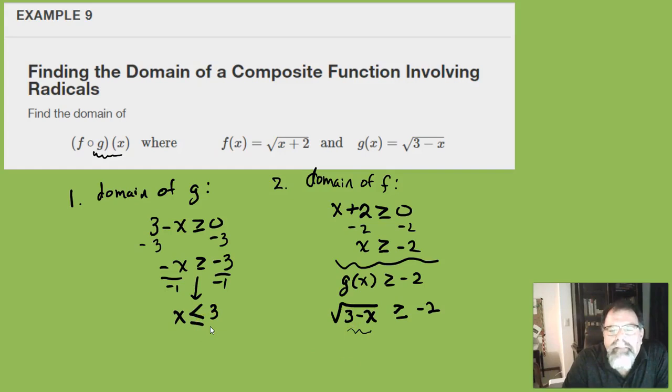So anything that's going to make this true will make this statement true. So that's a little confusing, but the domain of f composed with g is equal to just the same domain here, which is -infinity to 3. Right?